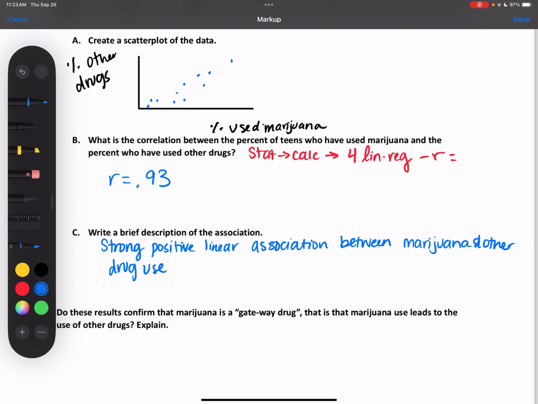And from that, what I would say specifically for this problem is that countries with higher percent marijuana use also, or also, let me say, tend to have higher percent of drug use.